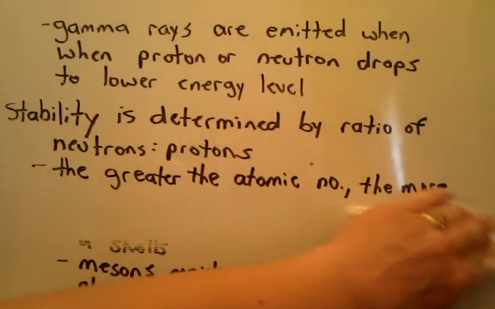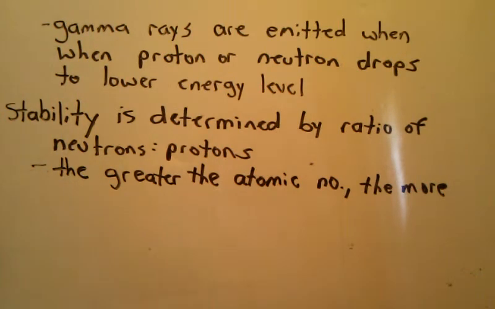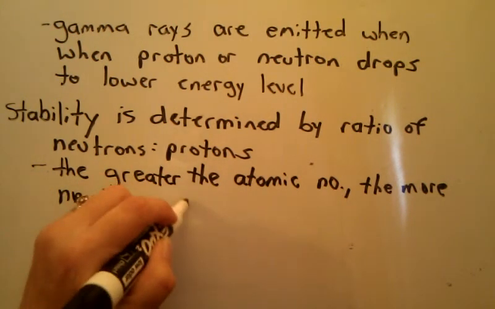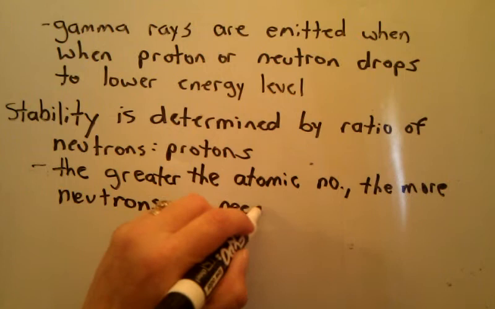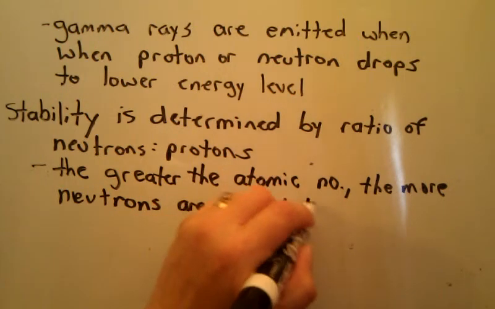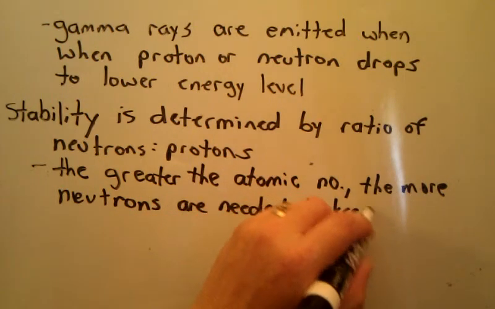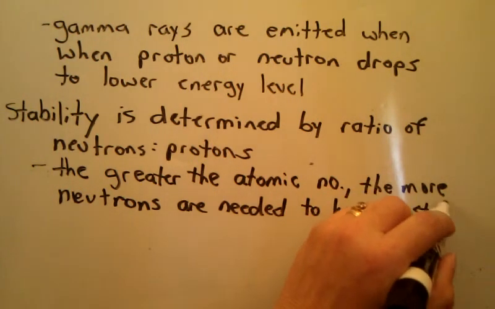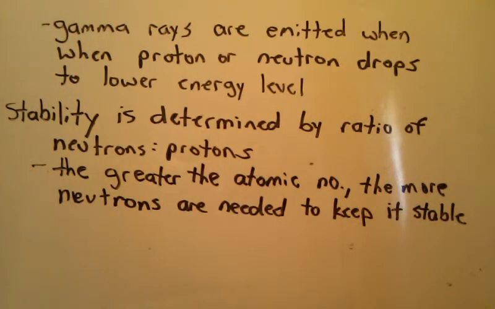That's what that's saying. Okay. And it said that no completely stable nuclei are in elements 83 or above.